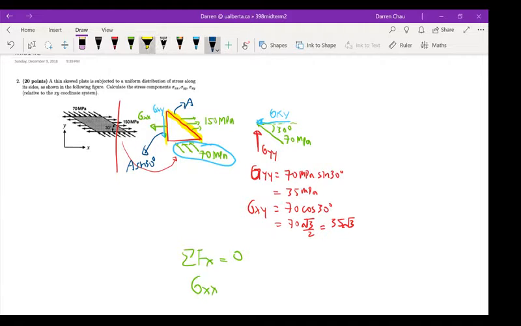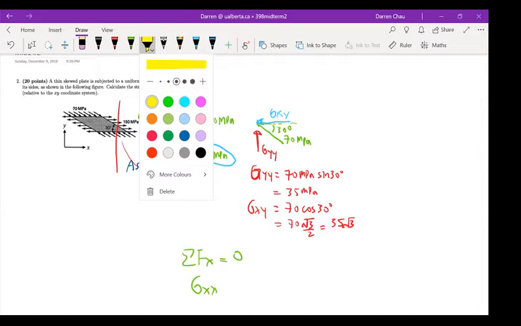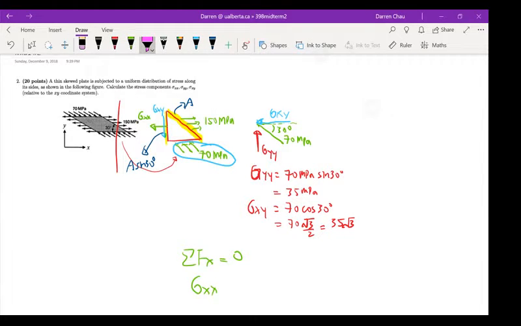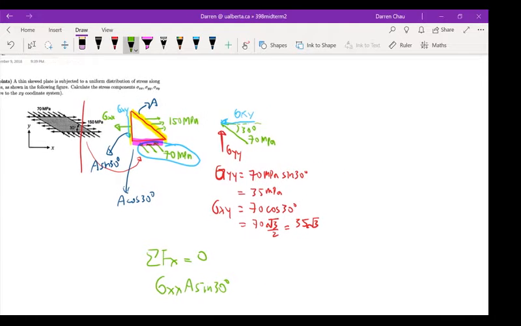And the area of this side would be A cos 30 degrees. So let me go back to the force equilibrium equation. Sigma xx times A sine 30 degrees would be the force on that surface in x direction.